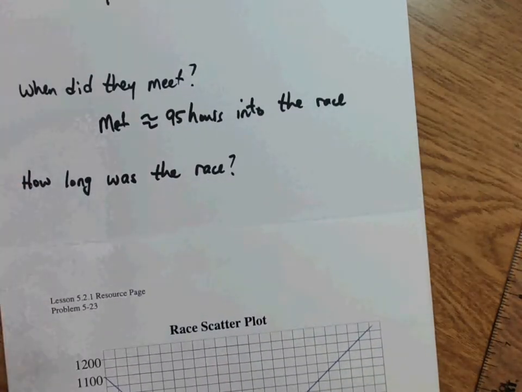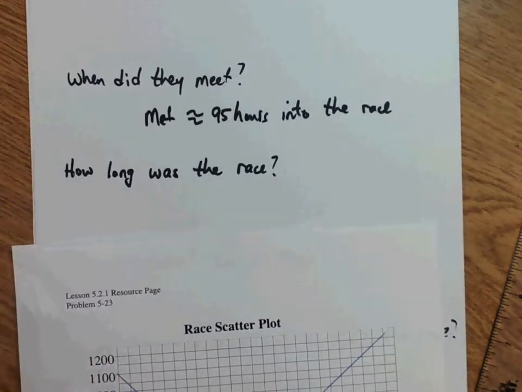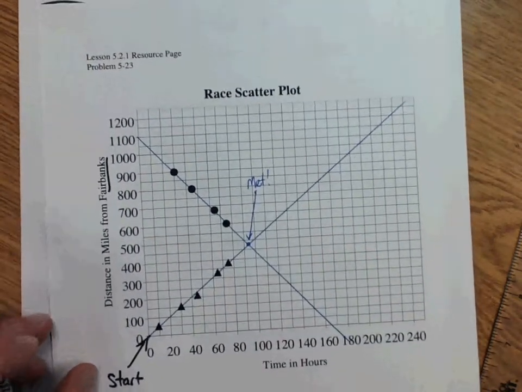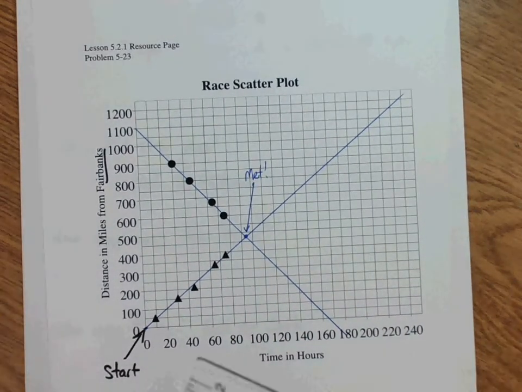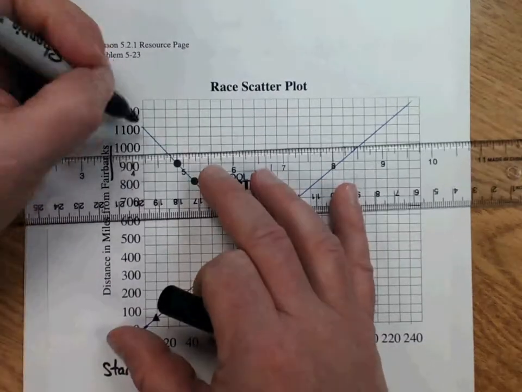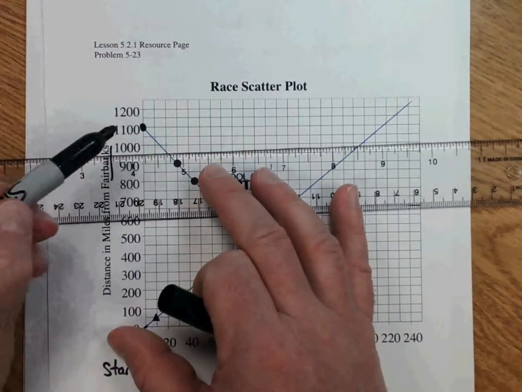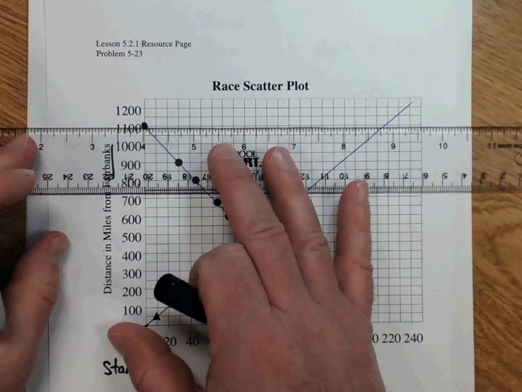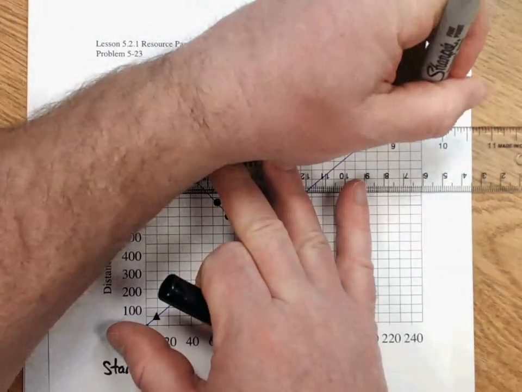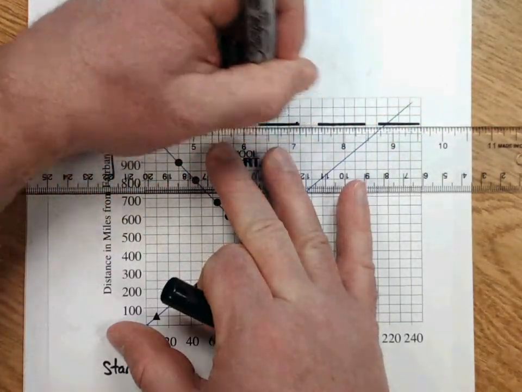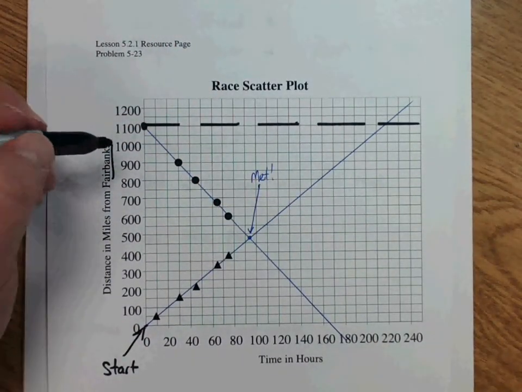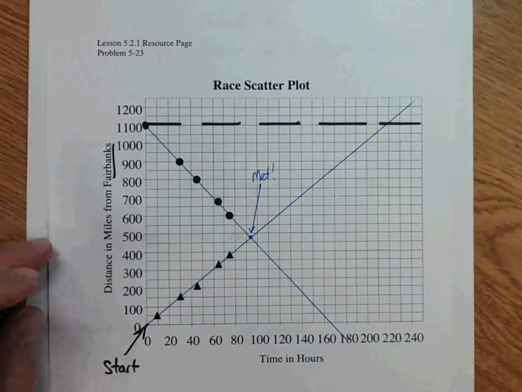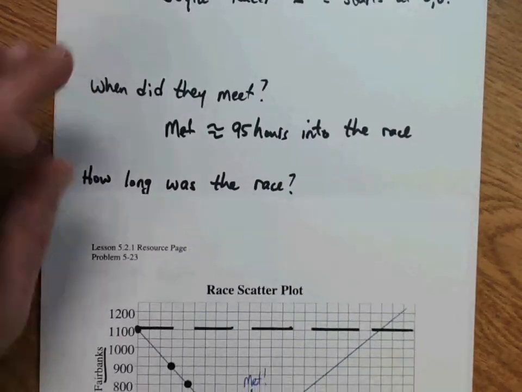How long was the race? Well, the clue that we have on this one is we remember that Evie left from the finish line. So if we look up here, since this is where the line hits, this here would be considered the finish line. So the question asks, how long was the race?